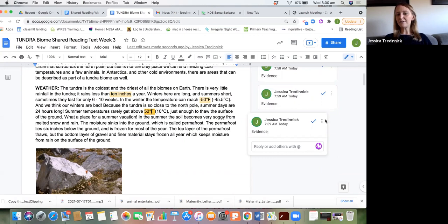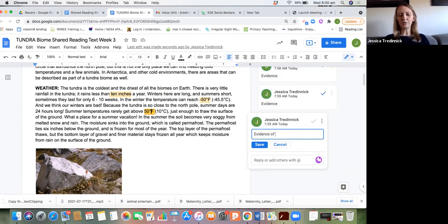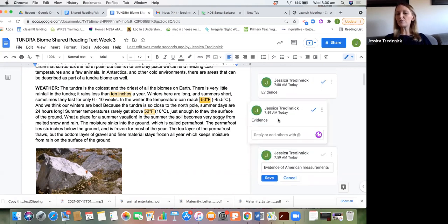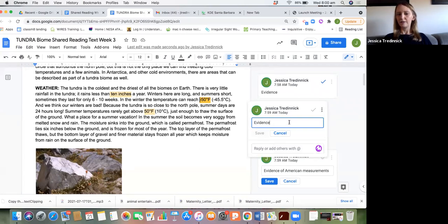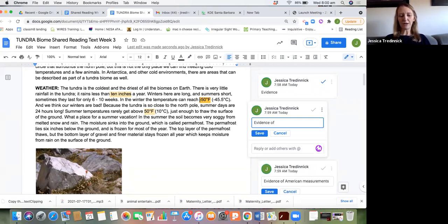So this is evidence. I might actually make this a bit more specific. Evidence of American measurements. This tells me something about who it was written for or who it was written by. So evidence of American measurements. So the American measurement system.